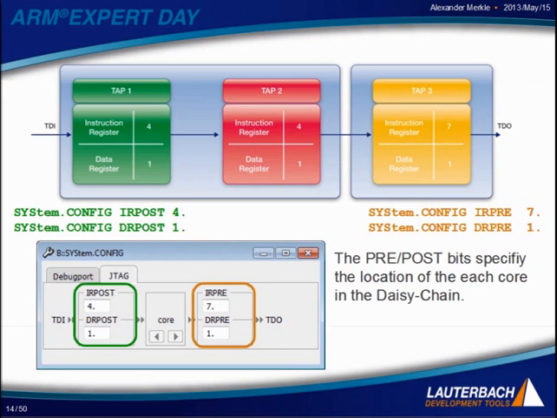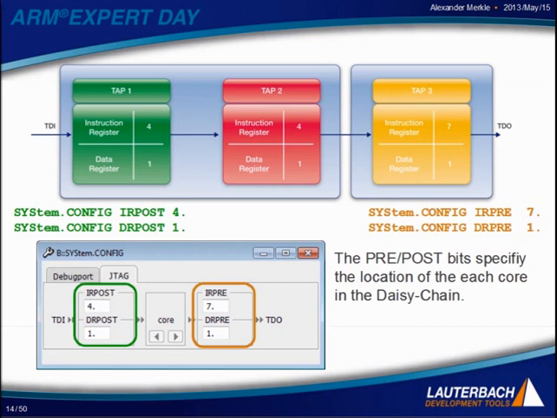Why post bits? Remember, we shift in from the left. So the bits we shift in first will connect to this core, so they are pre, and the ones we shift in after this one are the post bits. We adjust them here. We still have the total length of 15. The debugger knows from the CPU selection about the width of the middle core we are currently going to debug, and we have the same mapping, 4 and 1, and again 7 and 1.